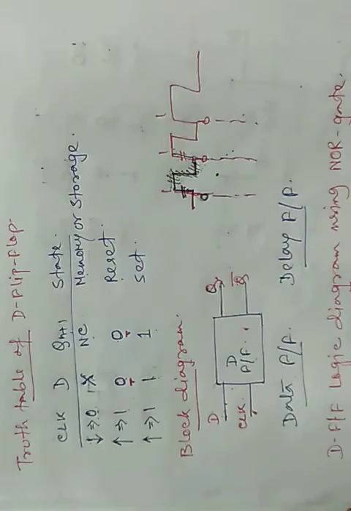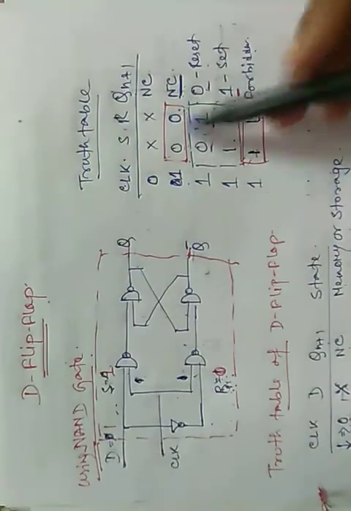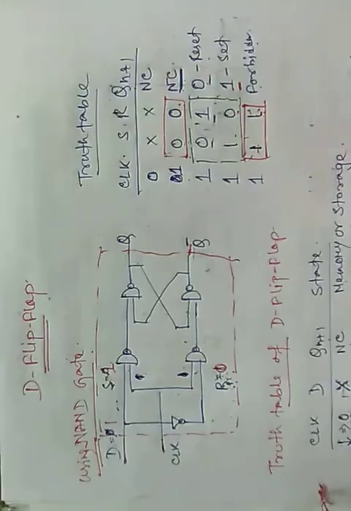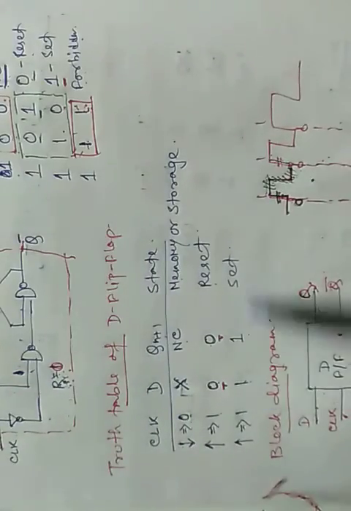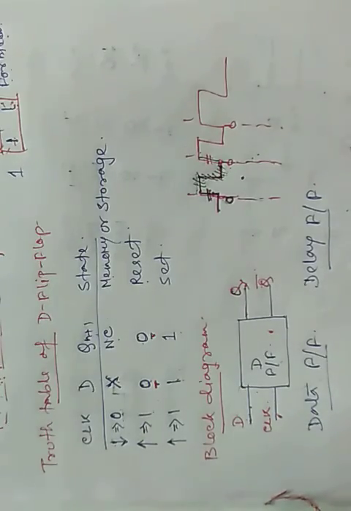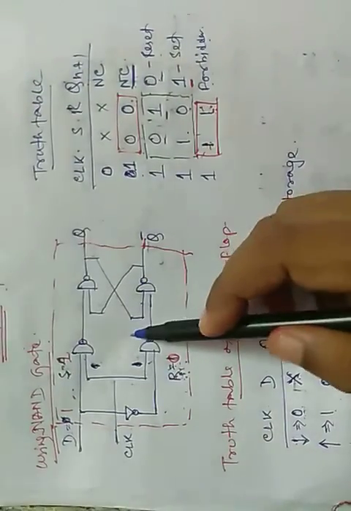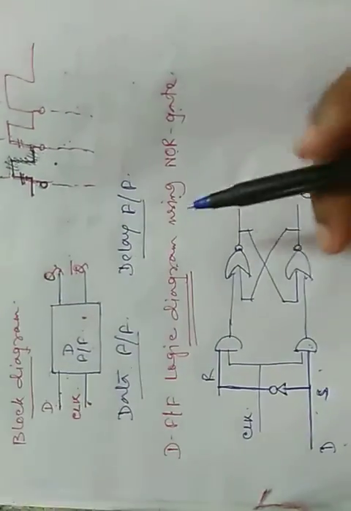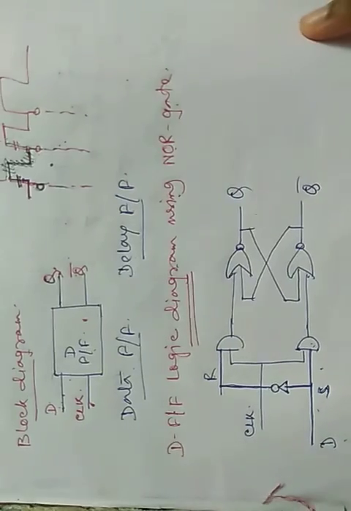Why? Because whether the SR flip-flop uses NOR gate or NAND gate, the truth table will be the same. So that's why the truth table of the D flip-flop also will be the same. Okay, and you can draw the logic diagram of the D flip-flop using either NAND gate or NOR gate. Clear?